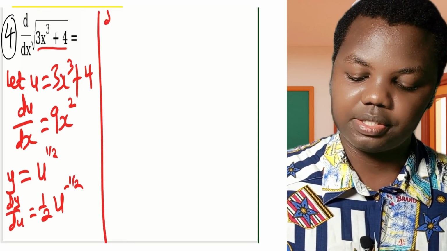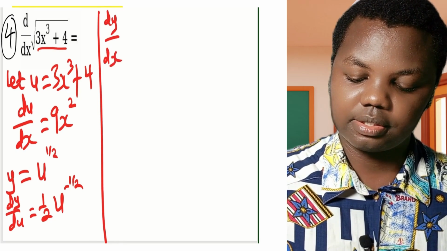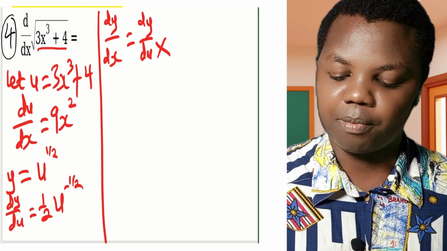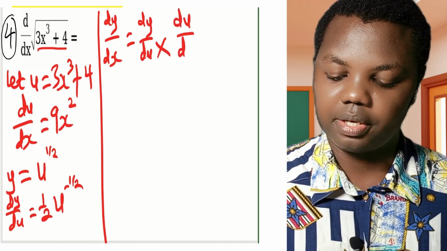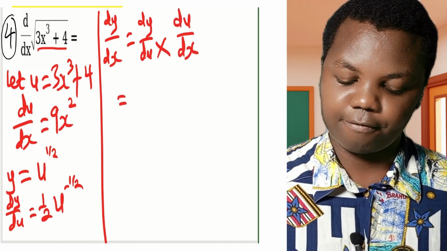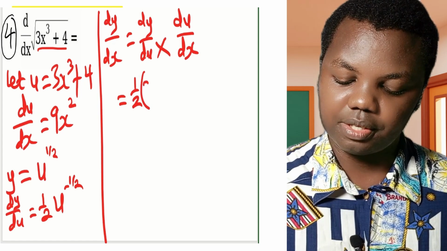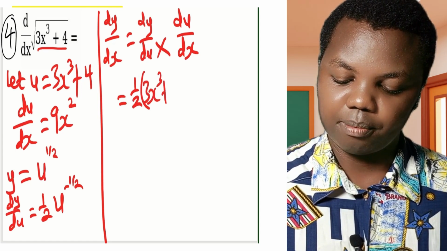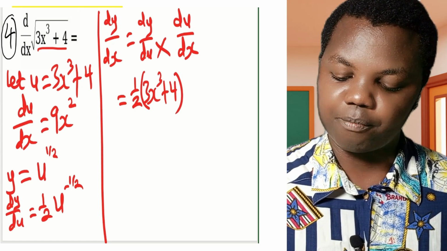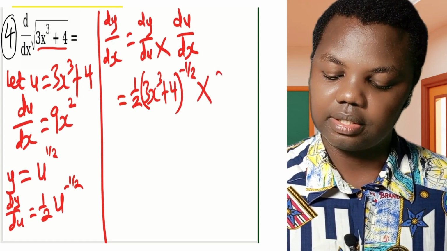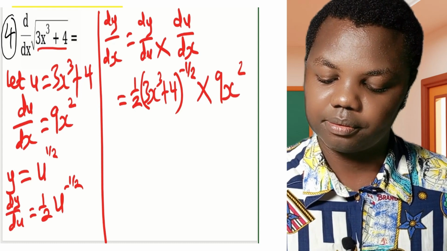Don't forget the rule says dy/dx equals dy/du multiplied by du/dx. So I'm going to have half, my u is 3x cubed plus 4 to the power of minus half multiplied by du/dx, that's 9x squared.